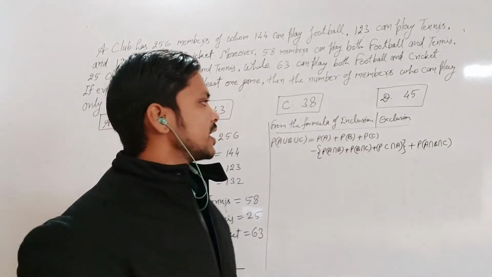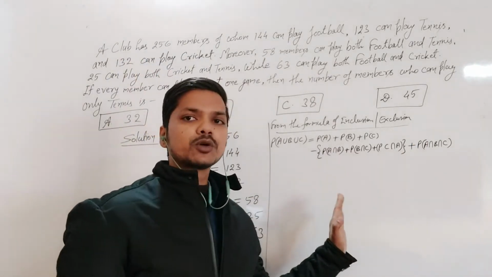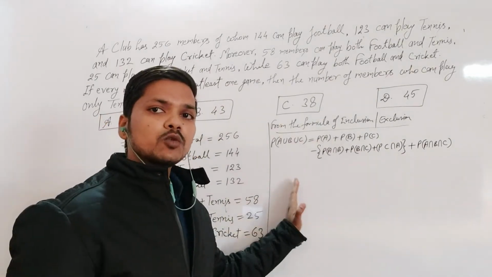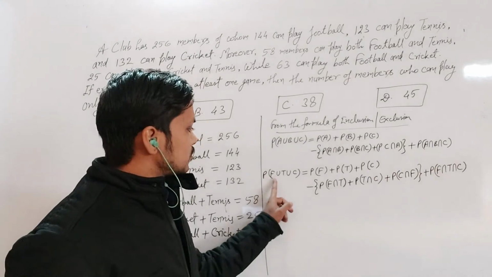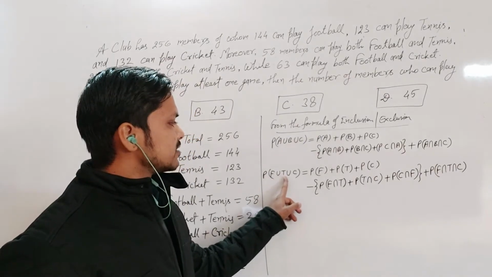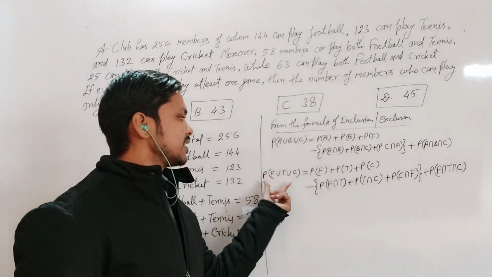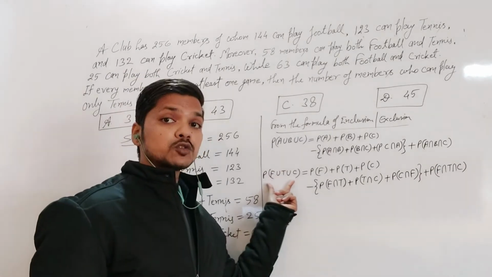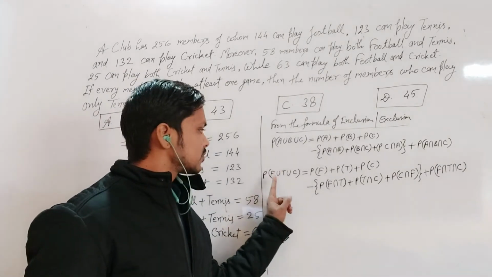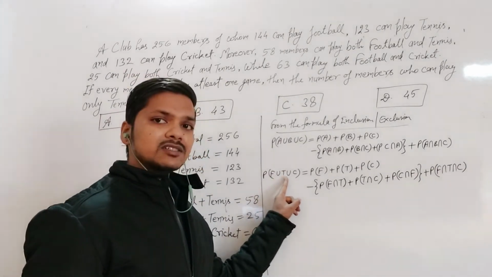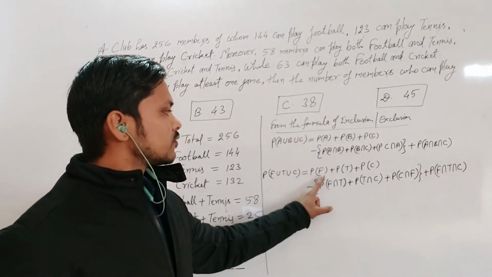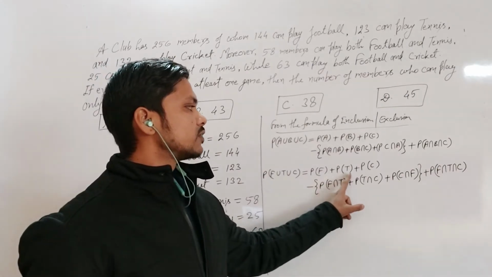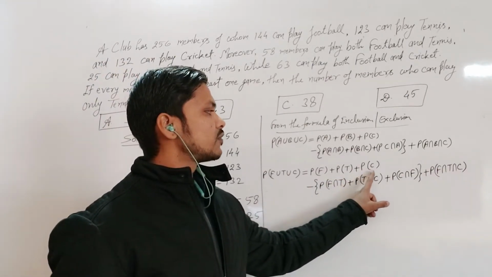If we apply this formula to our question, the formula could be shown as probability of football union tennis union cricket. That means this is the probability of those players who can play either football or tennis or cricket, equal to probability of football plus probability of tennis plus probability of cricket.